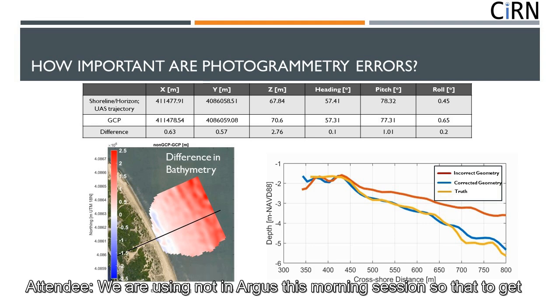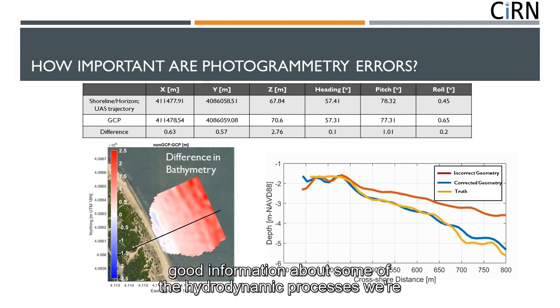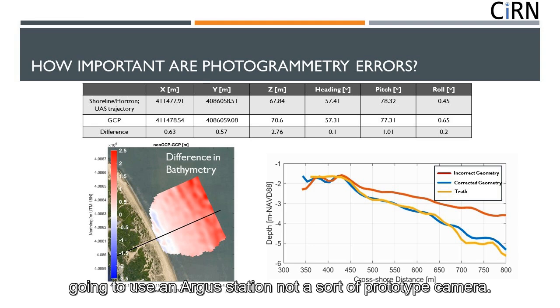We are not using an Argus station here, because in this morning's session we saw that to get good information about some of the hydrodynamic processes, we're going to use an Argus station, not a GoPro type camera.